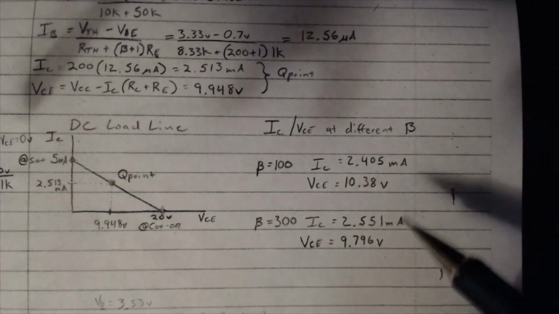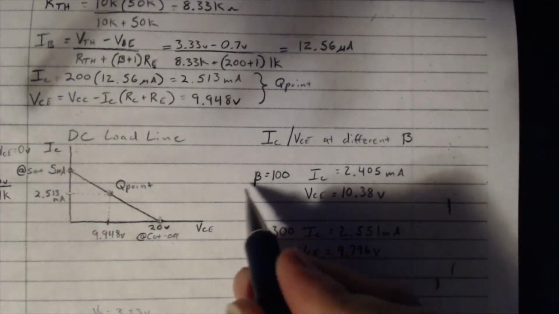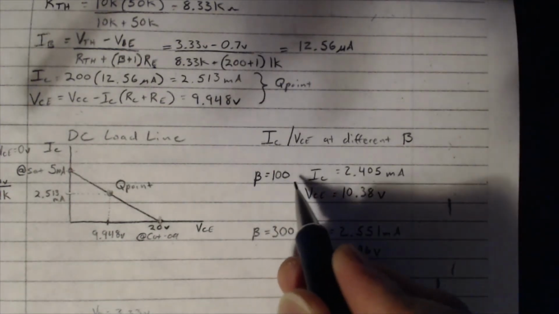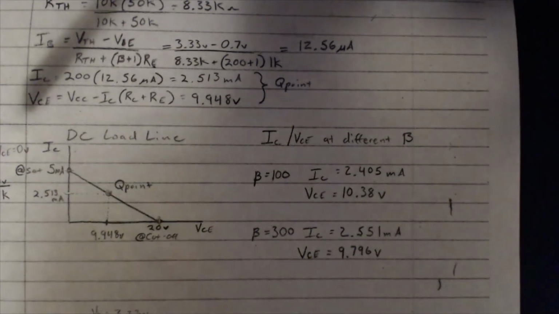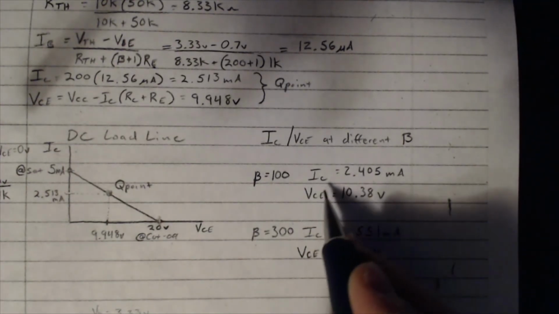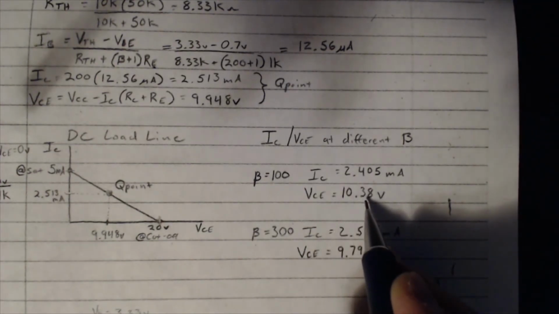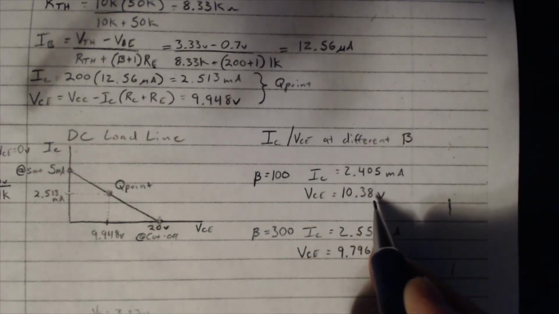Remember, we solved this assuming a beta of 200, but if I had solved it with a beta of 100, so say I took out that transistor from the circuit and put in another transistor that, instead of a beta of 200, had a beta of 100, well, I end up getting that IC is equal to 2.4 and VCE is equal to 10.3. Now, 10.3 sounds different than 9.948. Totally agree with you on that.